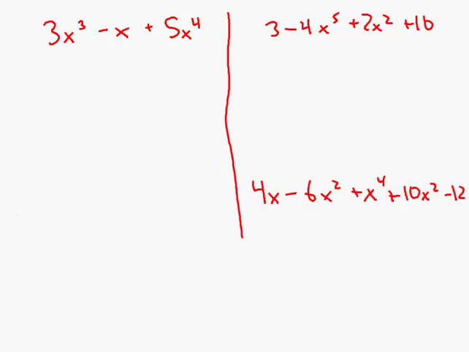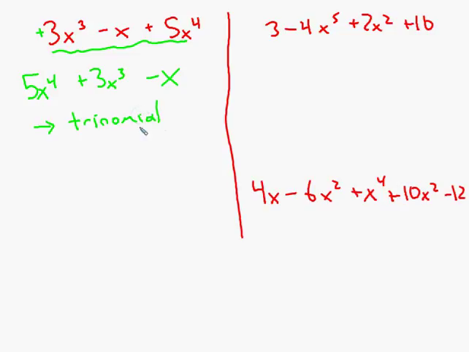Okay, so as I'm classifying, I'm going to want to get things in order. So I only have one variable. So on this one, I put the highest power first, and then I descend down. Now, if it's not written, it's a plus, so that's a plus 3x cubed minus x. And I see that I have three terms. That means this is a trinomial. And I also see that my highest power is a 4. So my degree is 4.